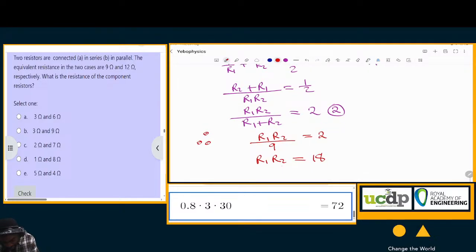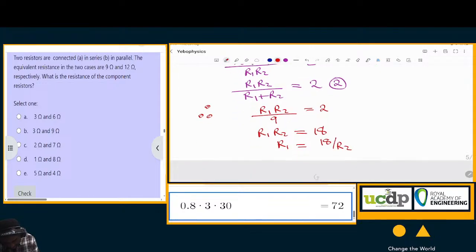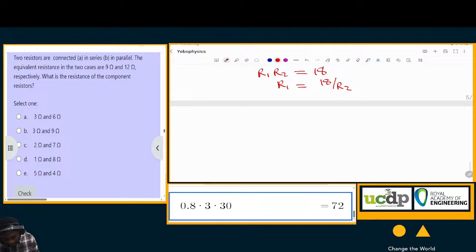So if you simplify, you can have your R1 being equal to 18 over R2. Then you can substitute into equation 1, where we said R1 plus R2 is equal to 9. Then in place of R1, we've got 18 over R2 plus R2 equals to 9.